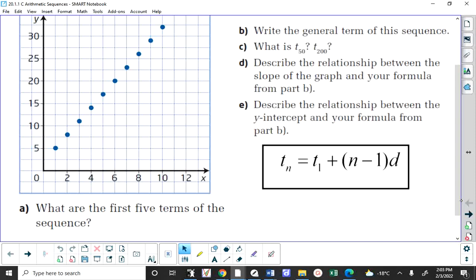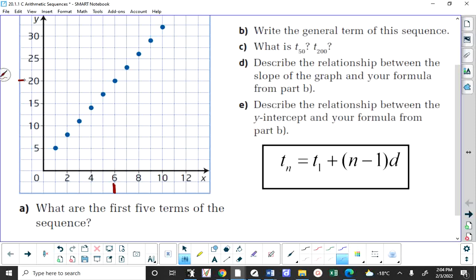But I'm looking at this, and I'm seeing that the sixth term appears to be bang on 20, and with a little bit of problem solving, to go from 5 to 20 is 15. With a little bit of problem solving, I believe the common difference is 3. They didn't make my life easy in giving me that graph.